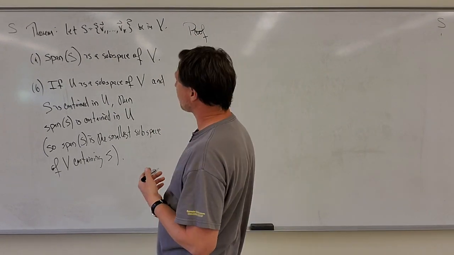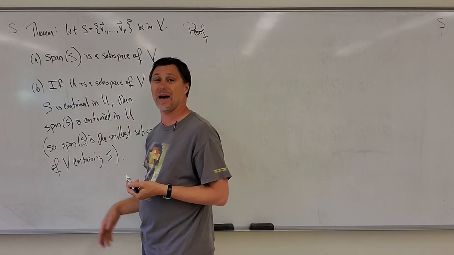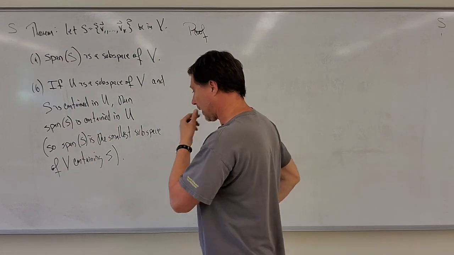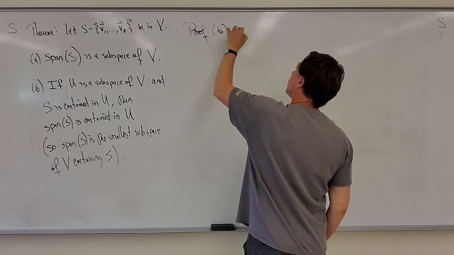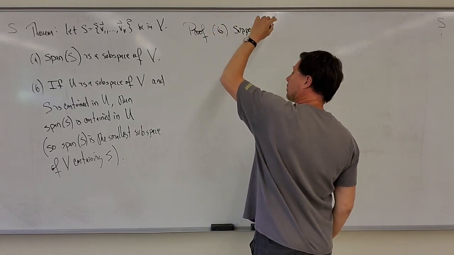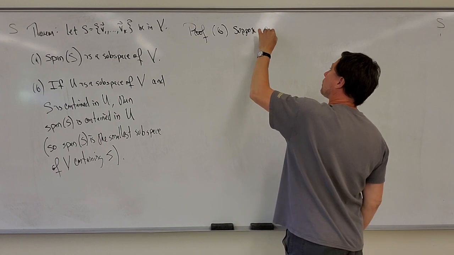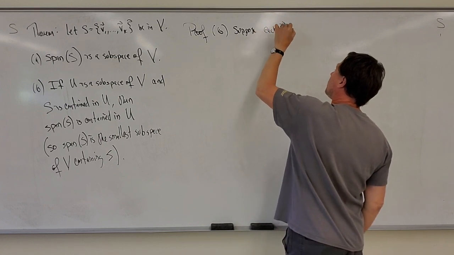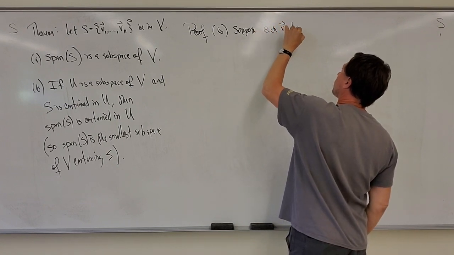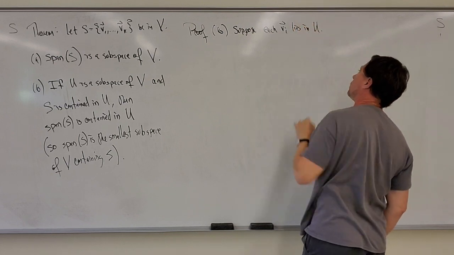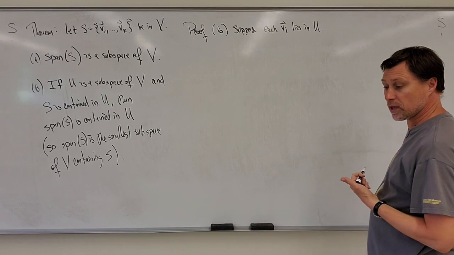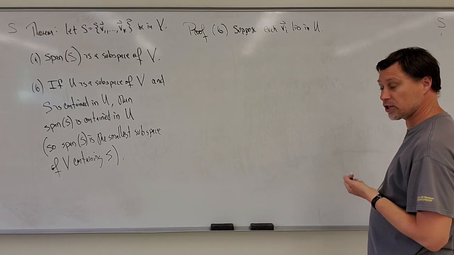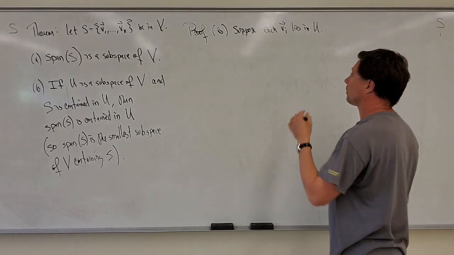I need to say that if we've got some other subspace that contains each of the v sub i's, then it contains all of span S. So for part B, suppose each v sub i lies in capital U. Now, remember, capital U is closed under scalar multiplication and under addition because it is a subspace.